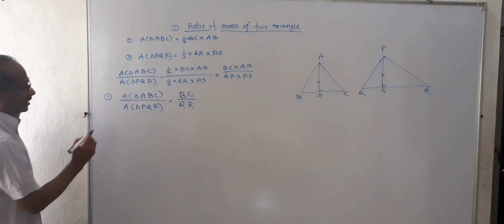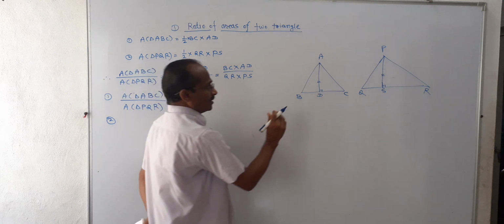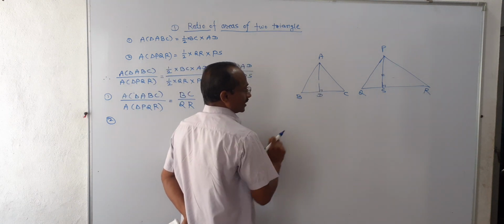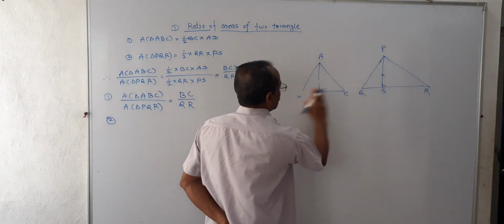Now in another case, suppose the bases BC and QR are equal. Then what happens to this equation?